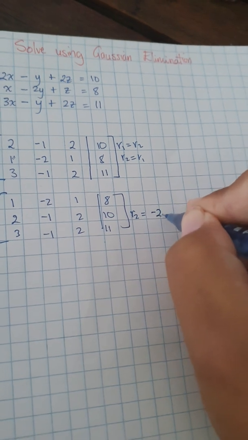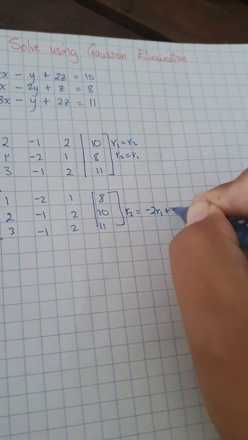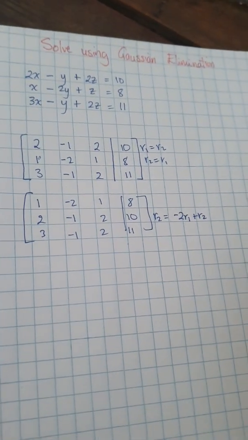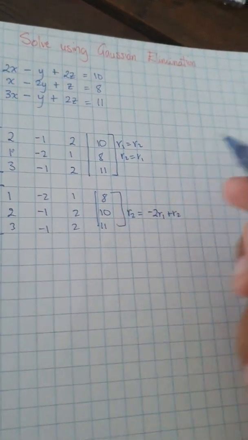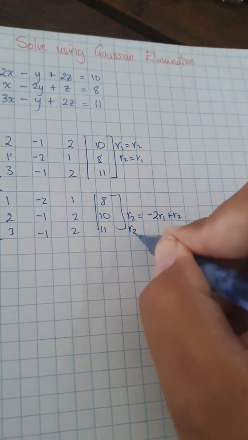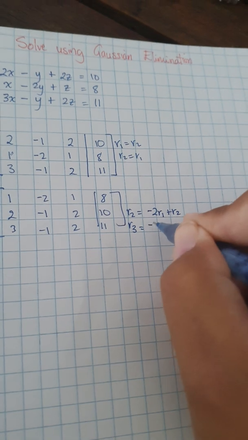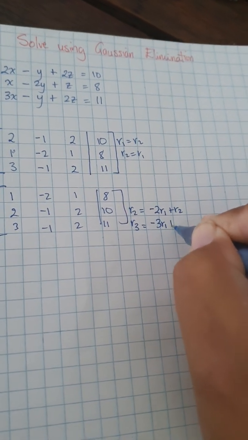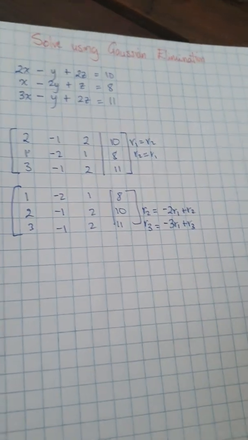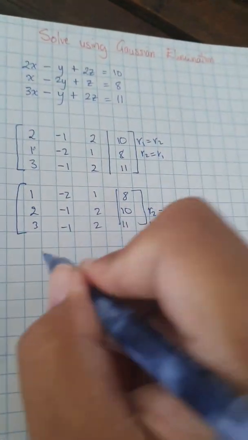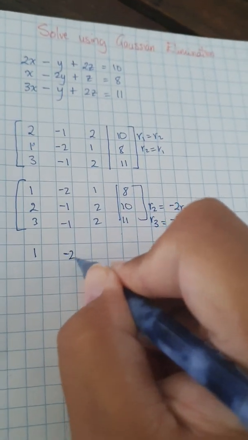So negative 2 times row 1 plus row 2. Same here, to make 0 in row 3: row 3 equals negative 3 R1 plus R3. Row 1 stays the same because we didn't do anything in row 1.